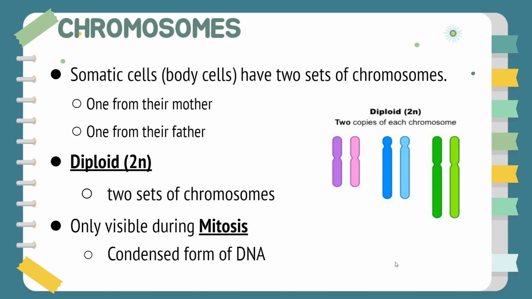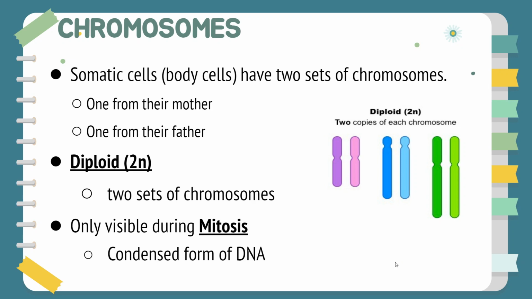One set is inherited from the organism's mother, and the other set is inherited from the father. This pairing of chromosomes results in the cell being what we call diploid, denoted as 2N, where N represents the number of unique chromosomes in a single set.